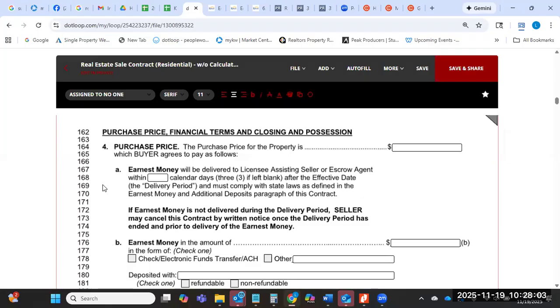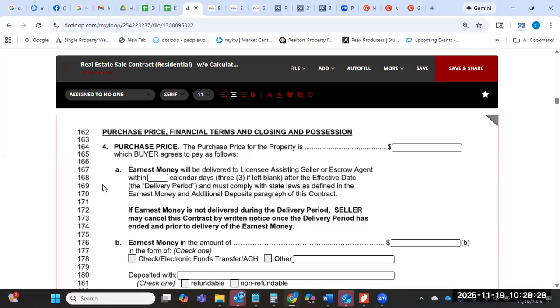You need to address it here and then explain it. If I were the listing agent, I would want to know why, so make that explanation to the listing agent. But if you know that the buyer's going to need 4 or 5 days before they can get those funds into the escrow account, or to the escrow agent, then address that here.